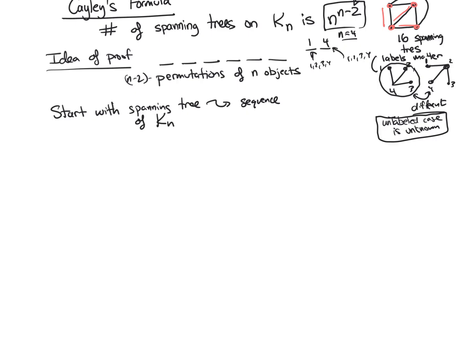I'm assuming all my vertices are labeled by 1 through n, and I want a sequence of n minus 2 numbers all living in 1 through n. So here's what you do. First, you start with the smallest label of the leaf.